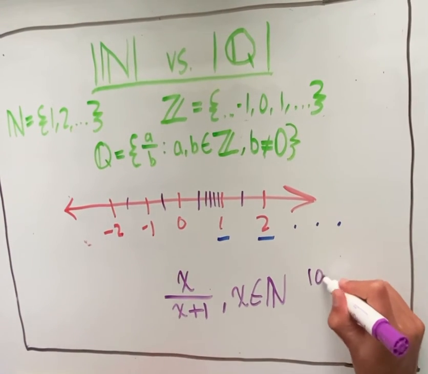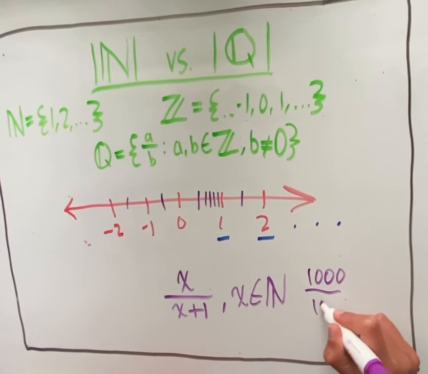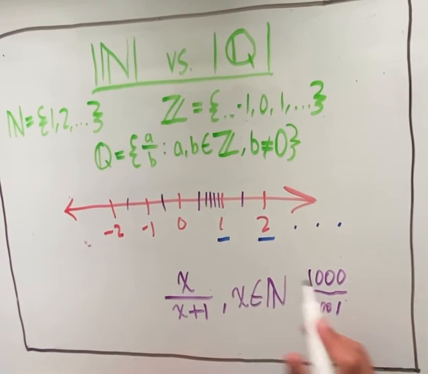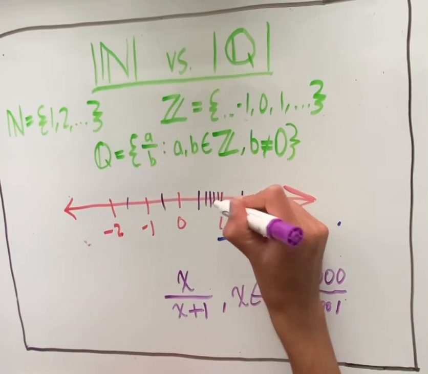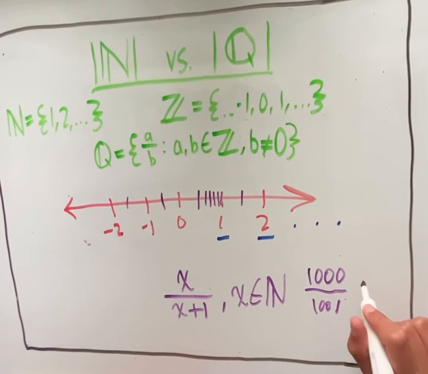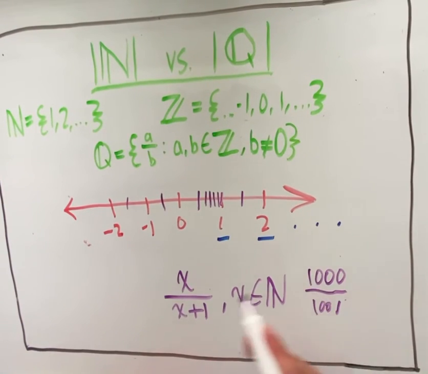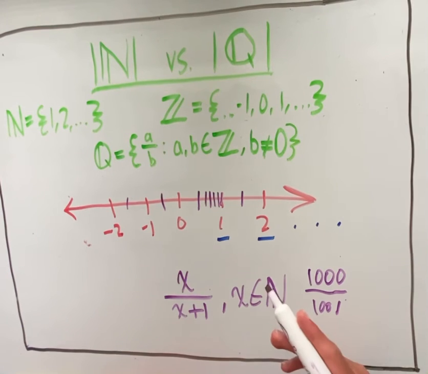So 1,000 over 1,001 is slightly less than 1, but it's very, very close. But you can also continue to go higher. If you pick an even larger value for x, then you'll get even closer to 1. And you can keep making x larger for as long as you want, and so you can get arbitrarily close to 1 without actually getting there.